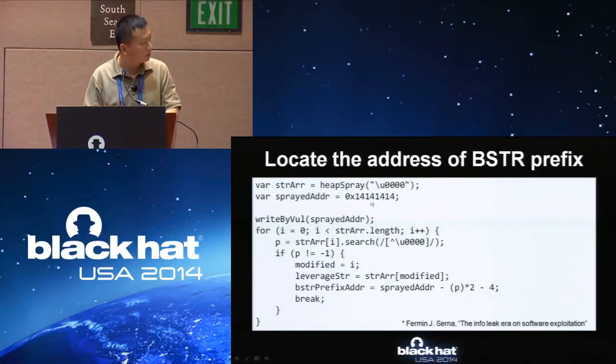This is our sprayed address, and we write to this address. We spray with 0, change some character, and find the character that is not 0. Finally, we can calculate the address.